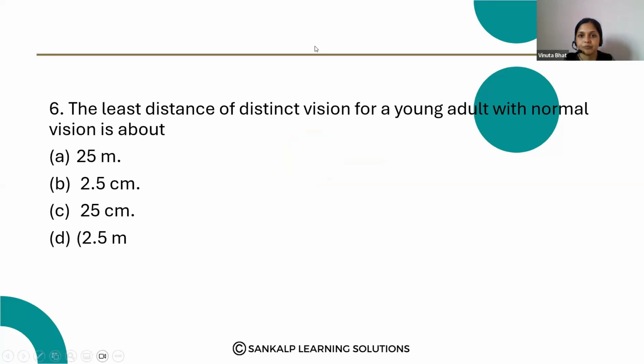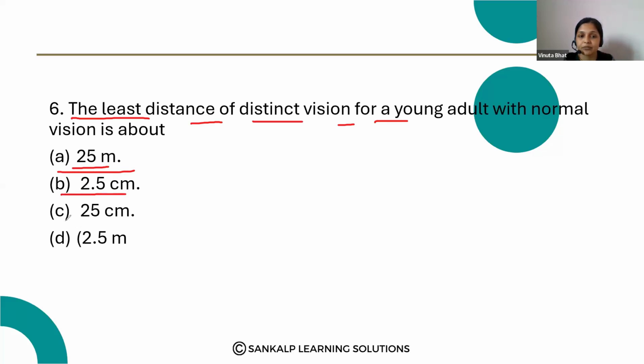Next question. The least distance of distinct vision for a young adult with normal vision is about what? Option A, 25 meter. Option B, 2.5 centimeter.